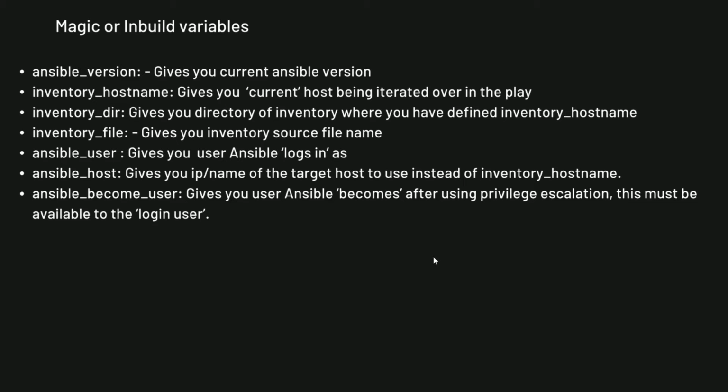There would be a scenario where you want Ansible to become a sudo or super user, and use that user to install packages or do other work on the remote machine. And that's how you can get to know the name of the user Ansible has become after I have declared become in my playbook. All right.